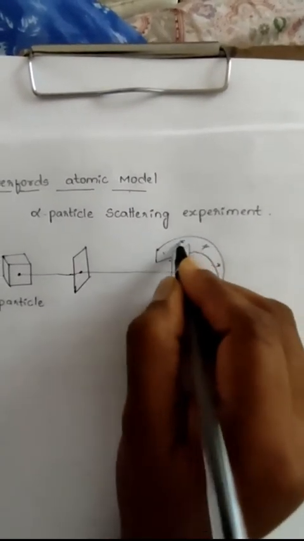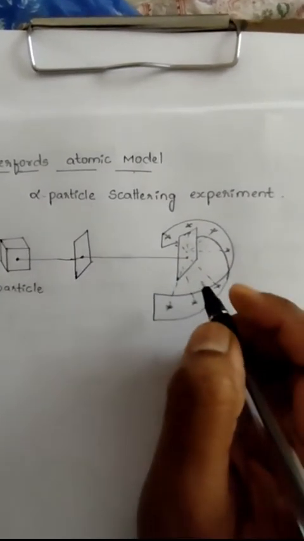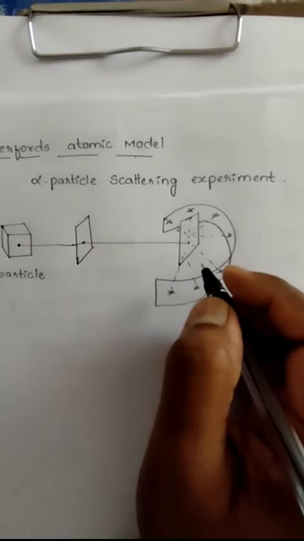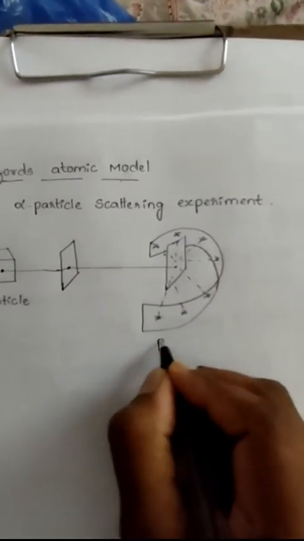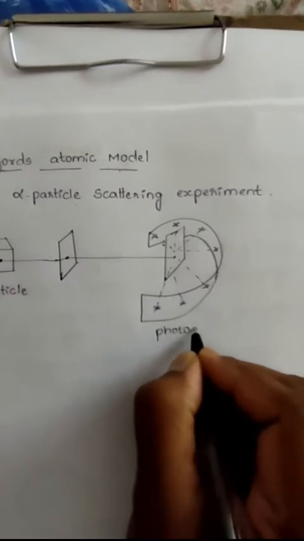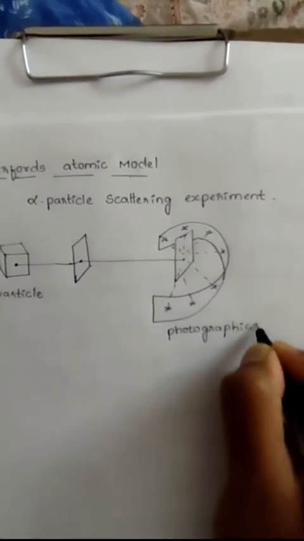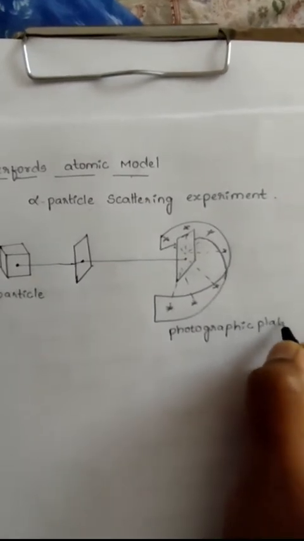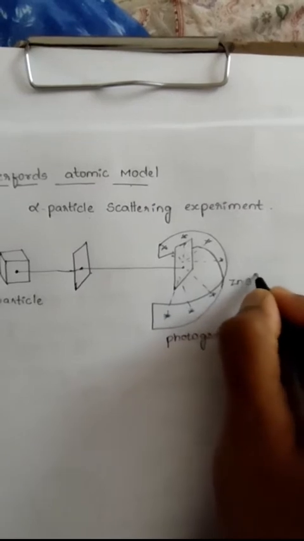This gold foil is surrounded by a photographic plate coated with a fluorescent or phosphorescent material like zinc sulfide.